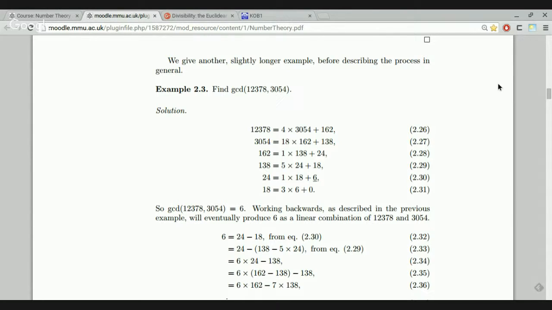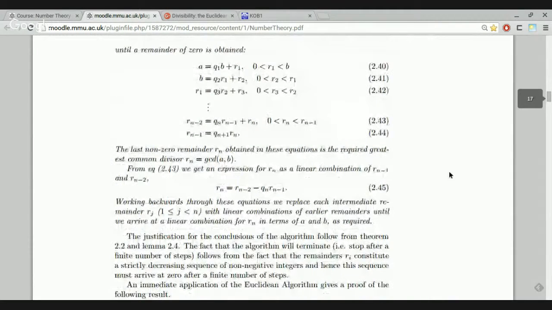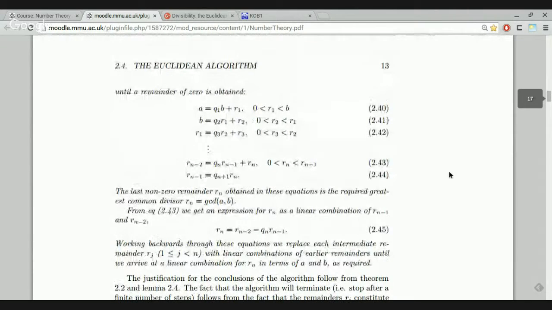We're just dealing with the B and the remainder, B and the remainder, B and the remainder. Of course, they come back into it because when you're doing the back substitution phase, you need to use those numbers. So you keep doing the back substitution, and eventually you'll get Rn as a linear combination of A and B, substituting all the way back up through the equations.